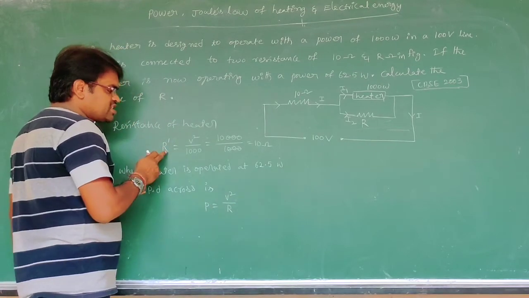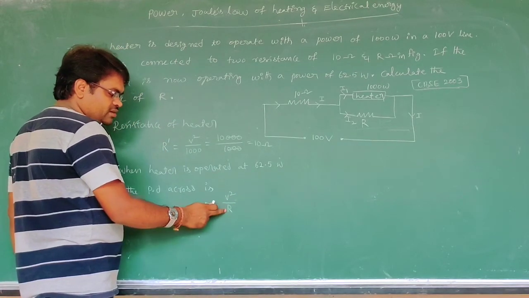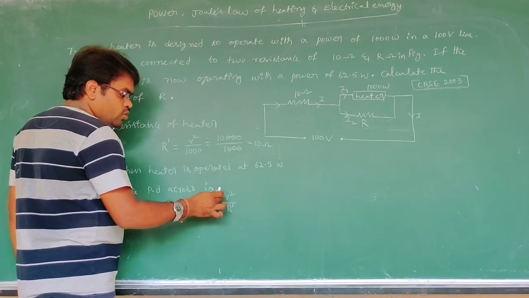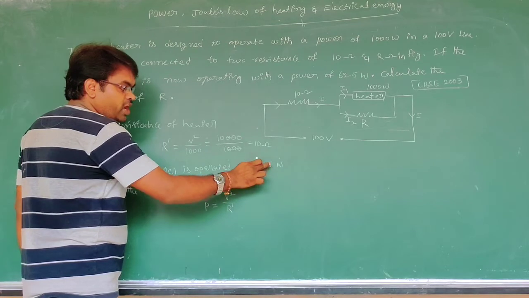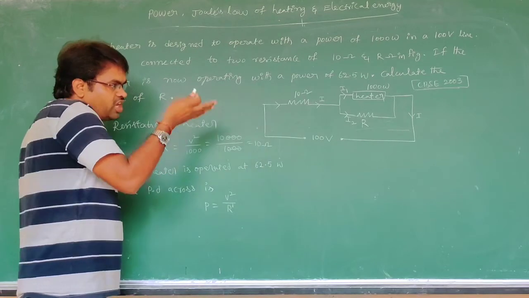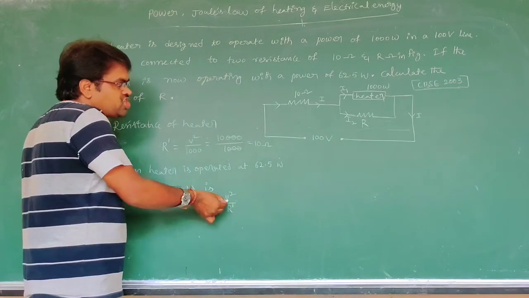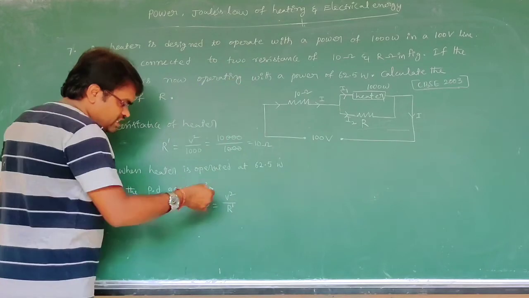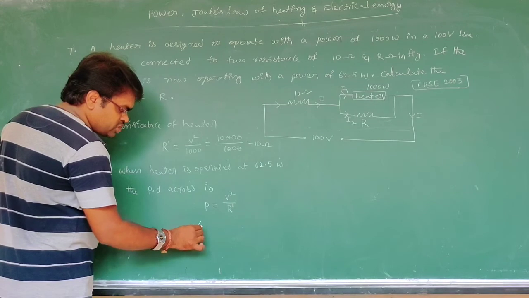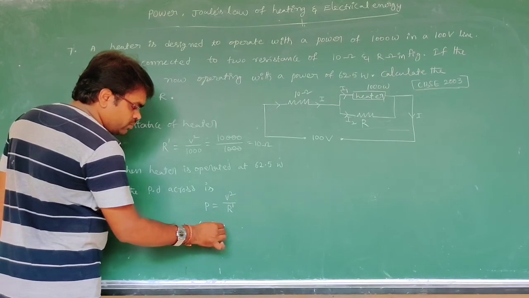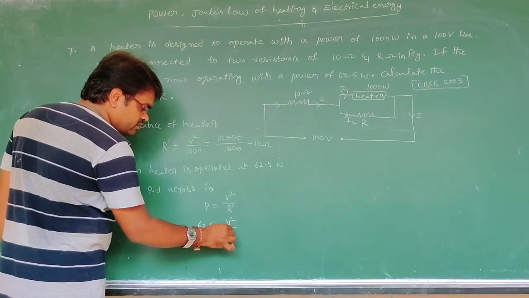We know the resistance of the heater, R dash, and want the V. At the power of 62.5 watts, 62.5 is equal to V square by 10.